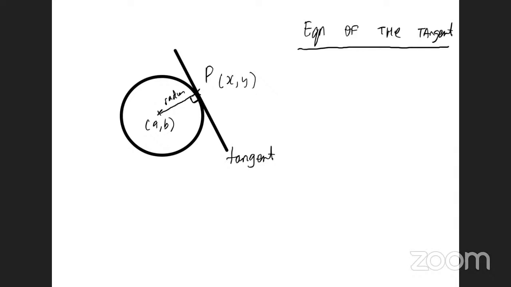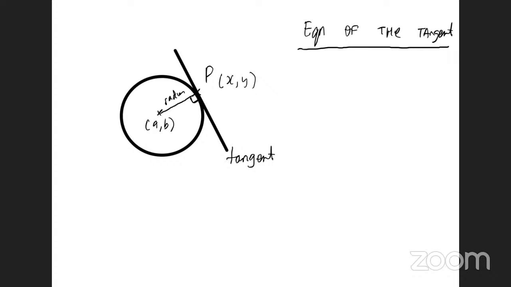Sabira? Christian? Negative reciprocal or something, yes. We're getting somewhere here. Megan said you need a point on the tangent and the gradient of the tangent, correct? To find the equation of a line, we need the gradient and a point. Do we have a point on the line?